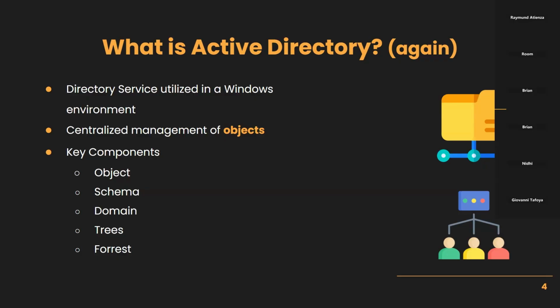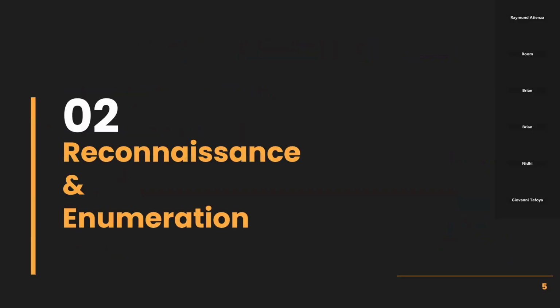That includes users, computers, etc. Within an Active Directory environment, there is a domain, which is essentially a logical group of users and computers that share the same security policies and also provides a mode of authentication and, yeah, acts as a security boundary too. And then trees and forests are just multiple domains and so on.